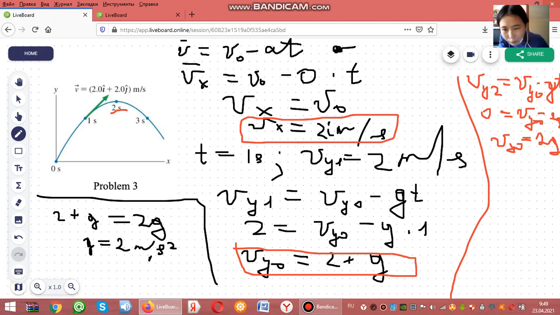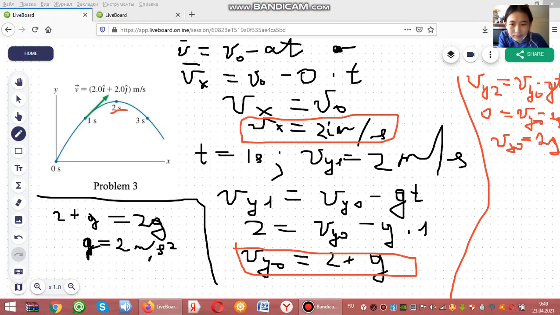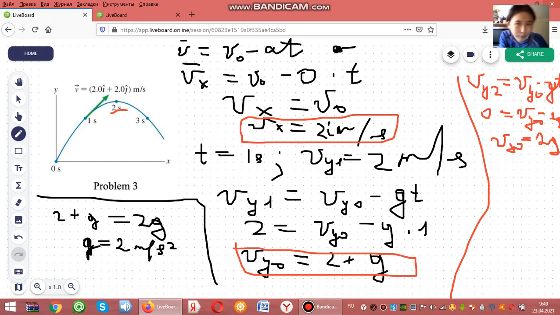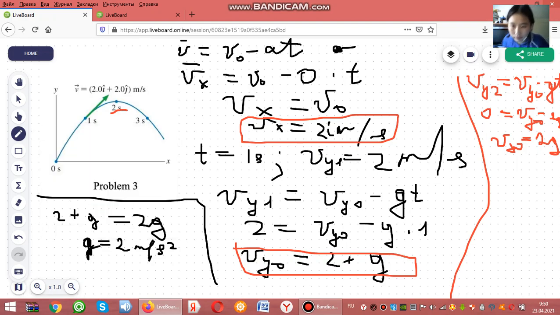I think we first find gravity, then the velocities at 0 and 3 seconds. Sorry. So okay, we find this, and we can also find V0y as we found one unknown. For example, here it will be 4 meters per second. Okay, this page has finished, and let me move to another.